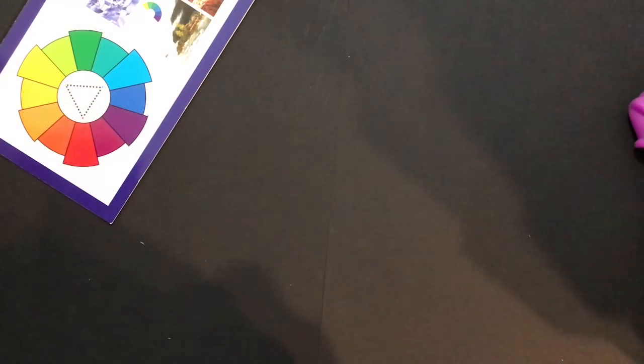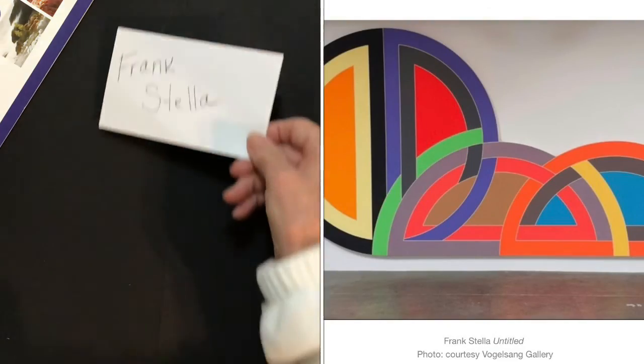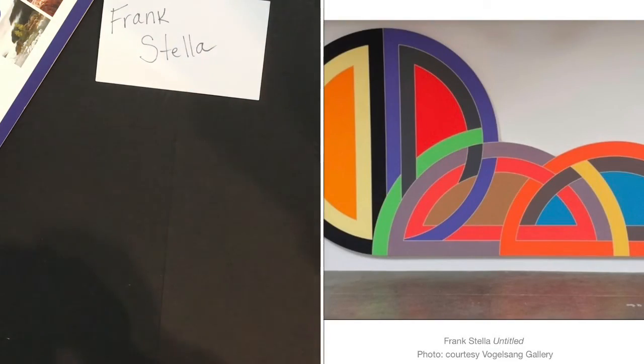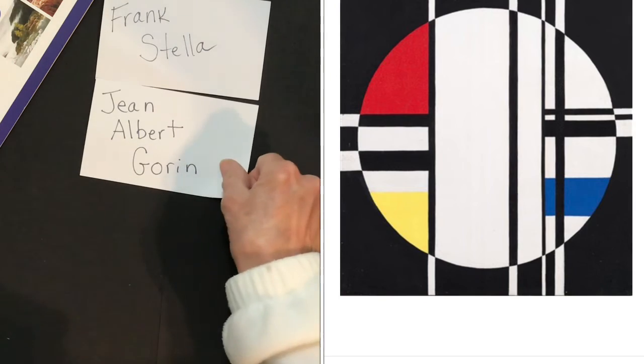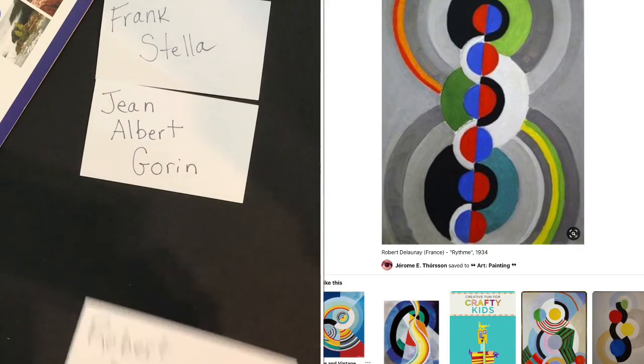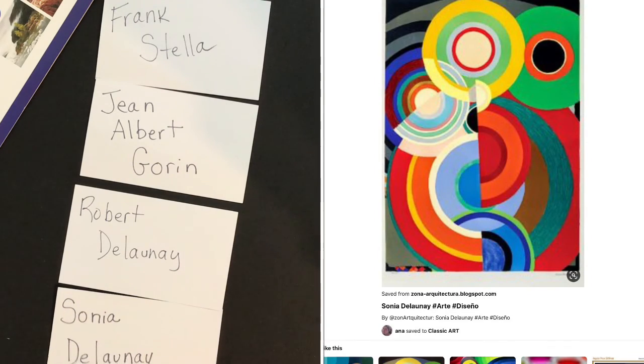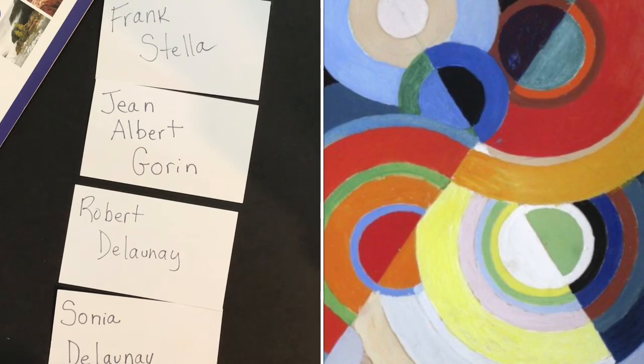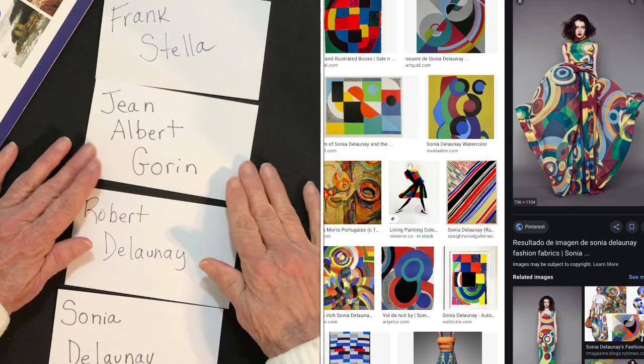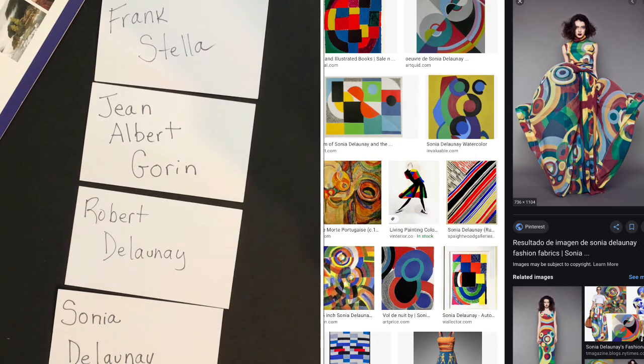Now there have been quite a few artists in art history that used geometric shapes as the theme for their artwork. One was Frank Stella, Jean Albert Gorin, Robert Delaunay, and Sonia Delaunay. Now Sonia Delaunay has a very interesting history, and I hope that you'll follow the links attached to our lesson to learn more about her.